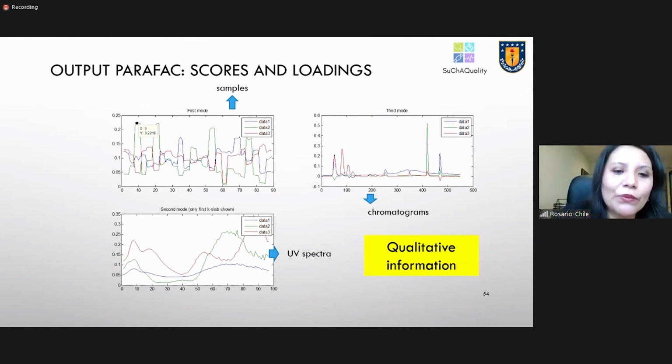And at no moment do we acquire a UV spectrum of each component individually. No, this is a mathematical solution, but if I apply constraints in PARAFAC, it's possible to have the chemical profile of each component detected in my sample. So in this case I don't need sample preparation in order to eliminate the interference. Okay, so it's possible too.